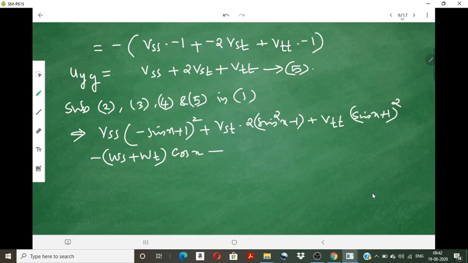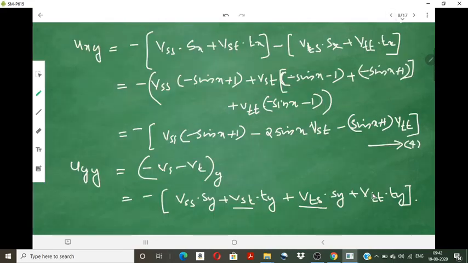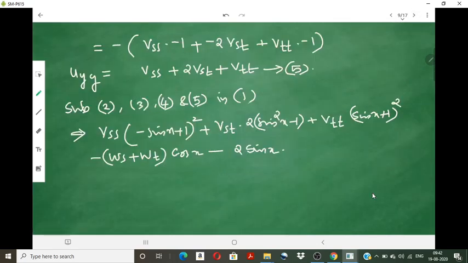Now the second term is 2 sin x into Uxy. What is Uxy? Uxy we will obtain from equation number 4. Minus, minus it will become plus.